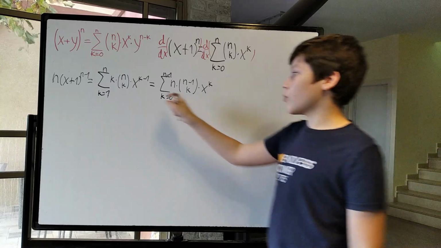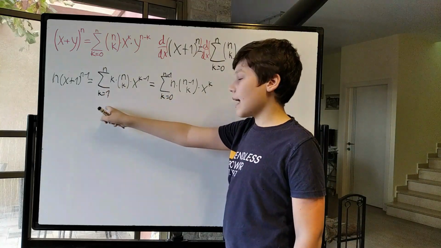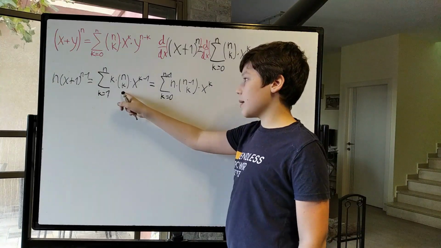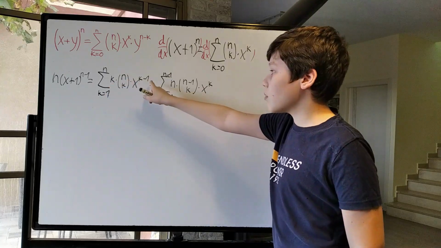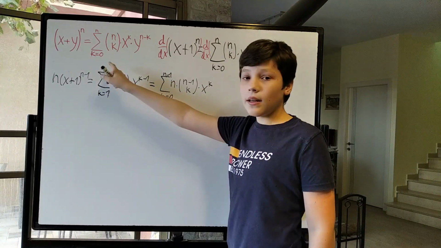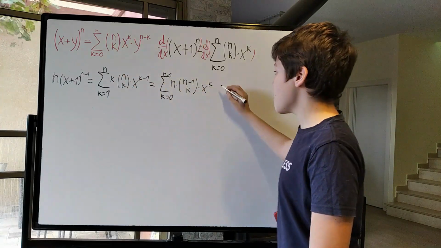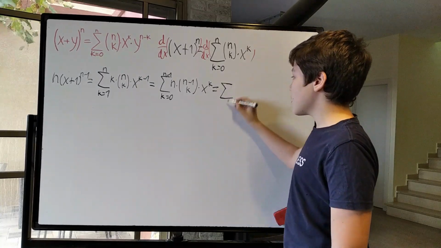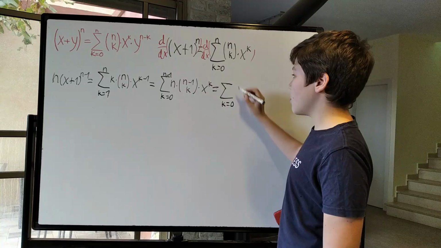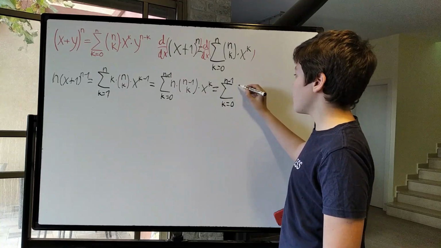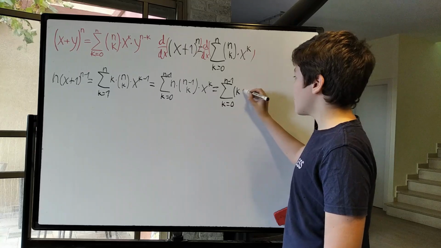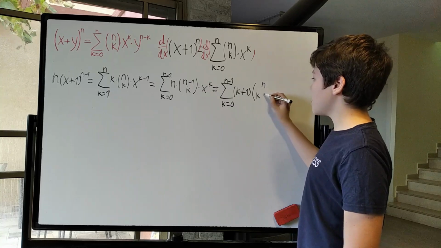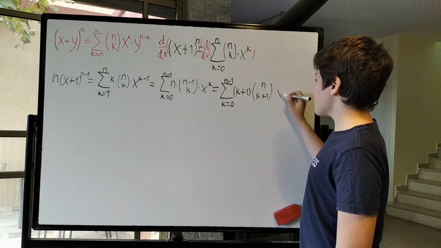I will replace here k with k plus 1. So this k will turn to k plus 1, this k will turn to k plus 1, k minus 1 will turn to k. Instead of going from 1 to n, it's going to be from 0 to n minus 1. So we're going to have the sum as k goes from 0 to n minus 1 of (k plus 1) times (n choose k plus 1) times x^k.